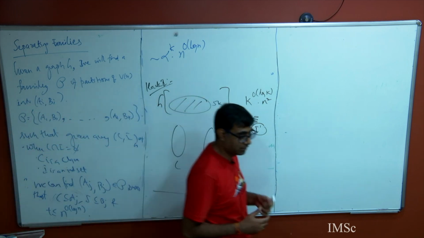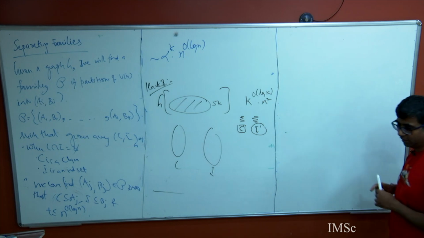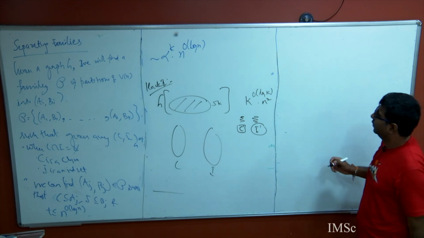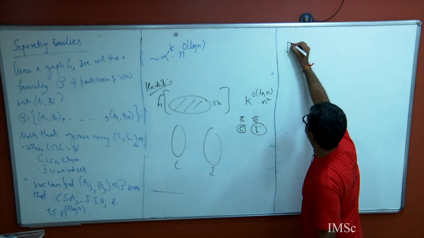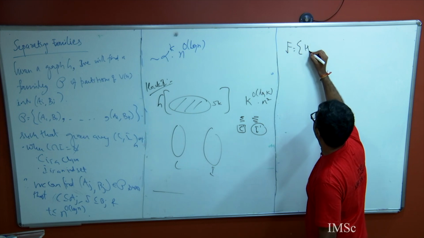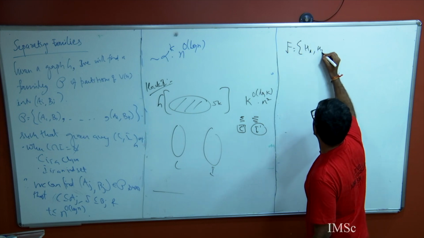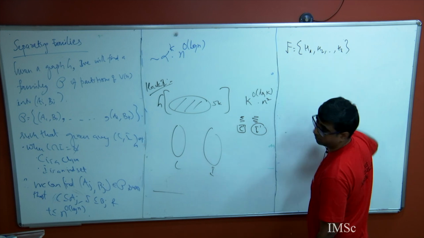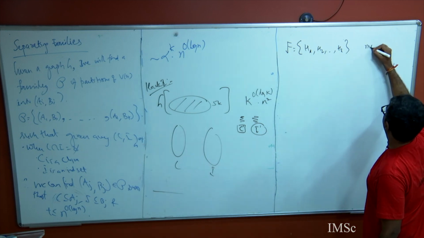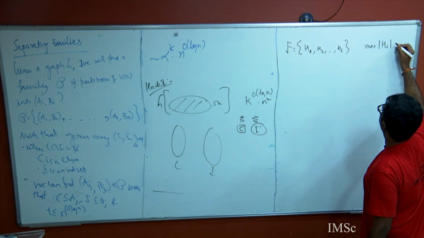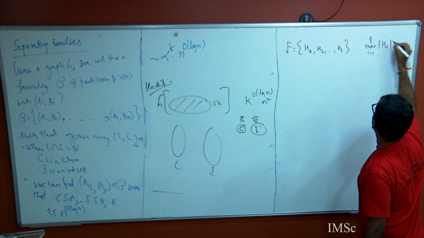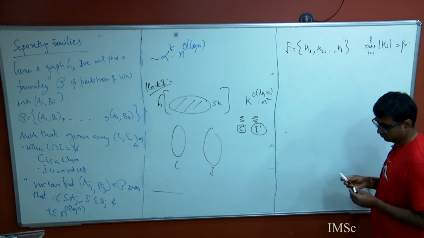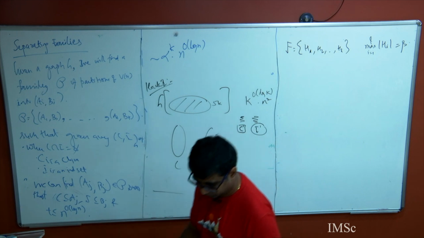If everything needs to be explicitly told, then let me tell you explicitly. Let F be a family of graphs H1, H2, up to HL, and the max of |Hi|, i going from 1 to L, is at most beta.